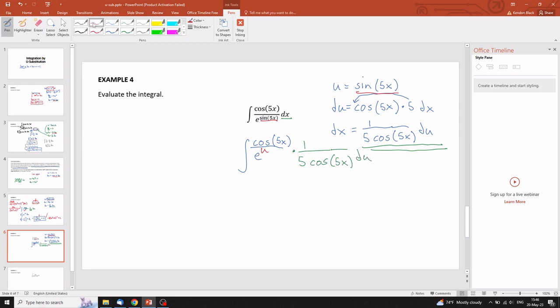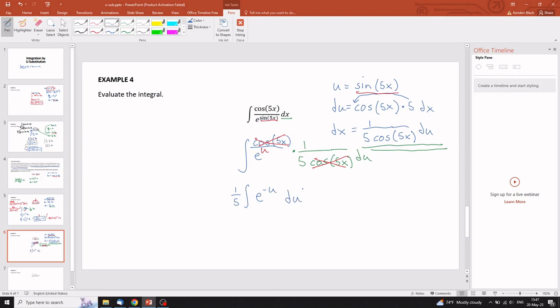Okay, the cosine 5x's cancel. And the 1/5 that's left over, we can go ahead and pull that outside the integration symbol since it's just a constant. So now we're left with e to the u in the denominator, which is the same as e to the negative u du.